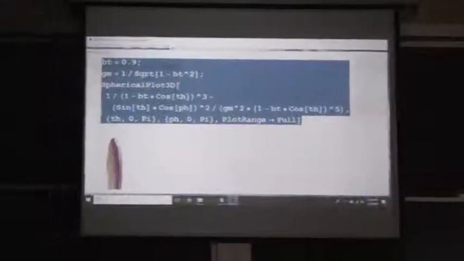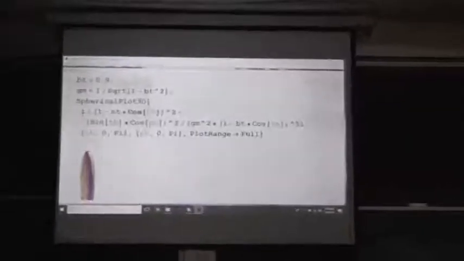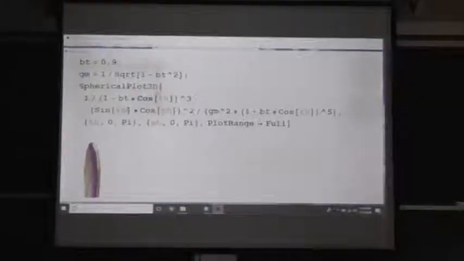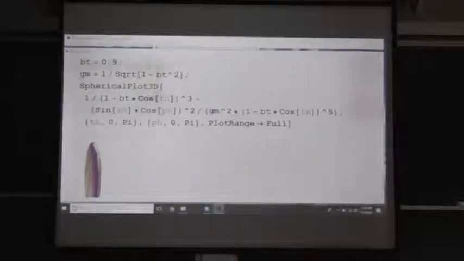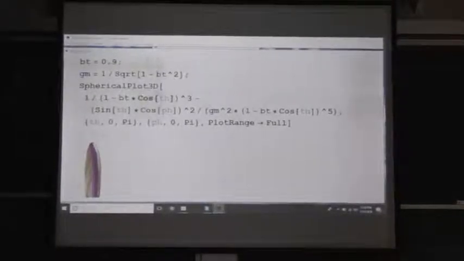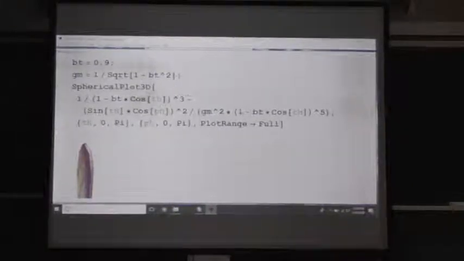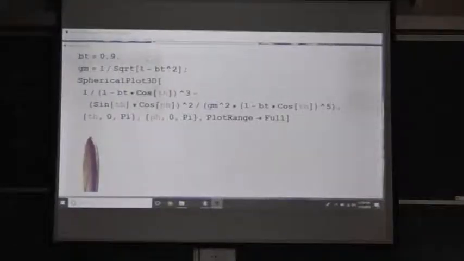So this is the function. This is 1 minus beta cosine theta cube minus sine theta into cosine phi square divided by gamma square into 1 minus beta cosine theta whole power 5, where beta is variable on top and gamma is 1 over square root 1 minus beta square.